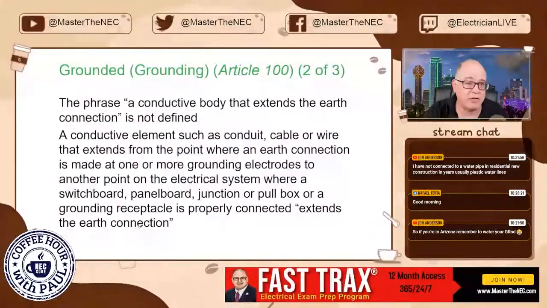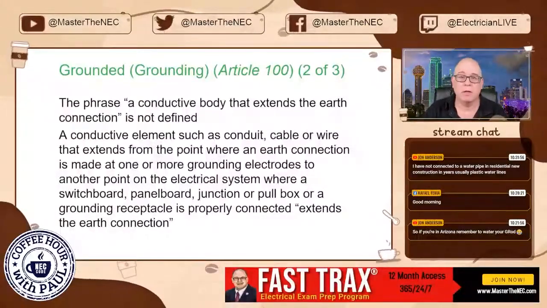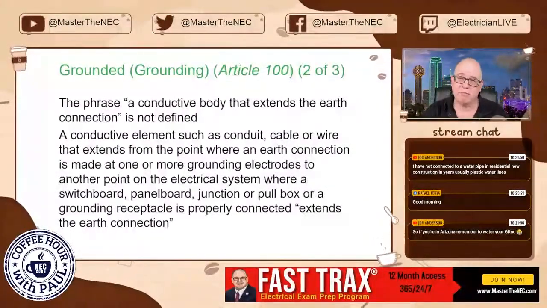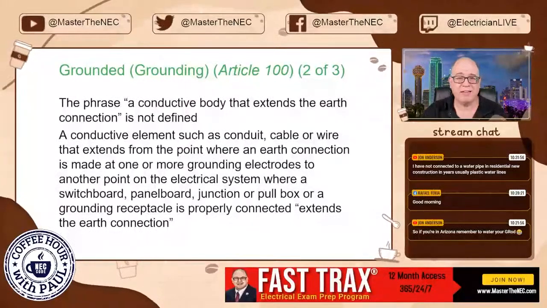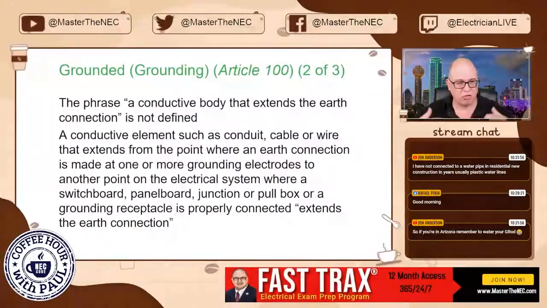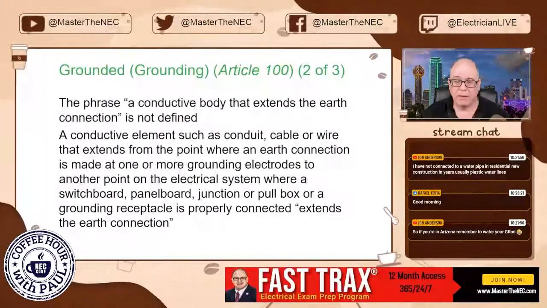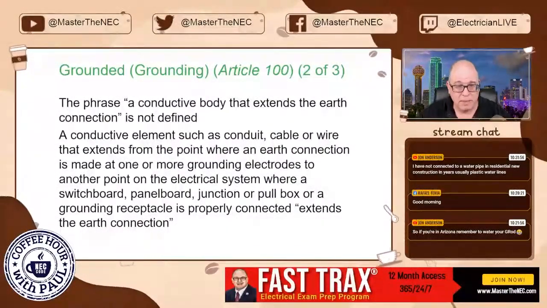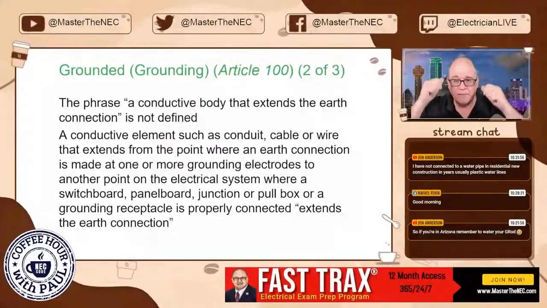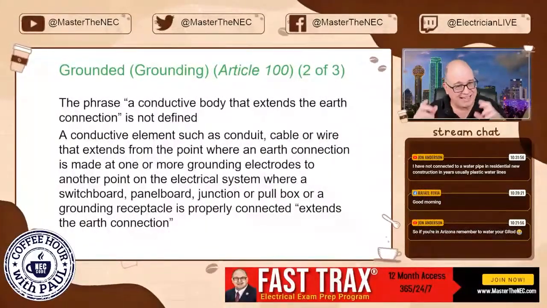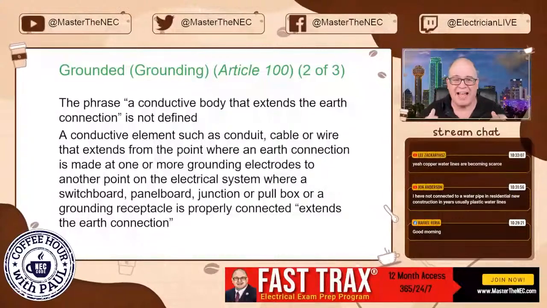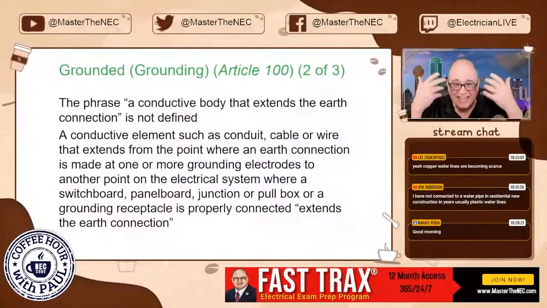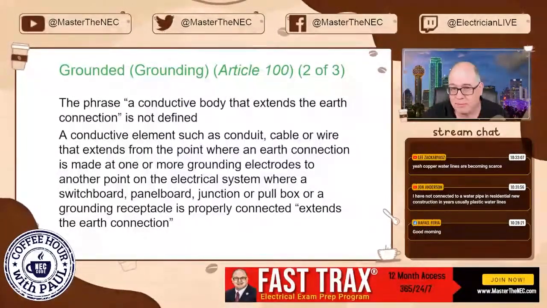So an equipment grounding conductor extends that connection. If I have a multi-story building and I'm using the building steel, that's the I-beams, that's the structural component, and that's in the ground, and that's considered an electrode, but it actually runs through the building, then that's going to be a location where I can connect things like transformers to it, because that is essentially extending that connection to earth, okay?